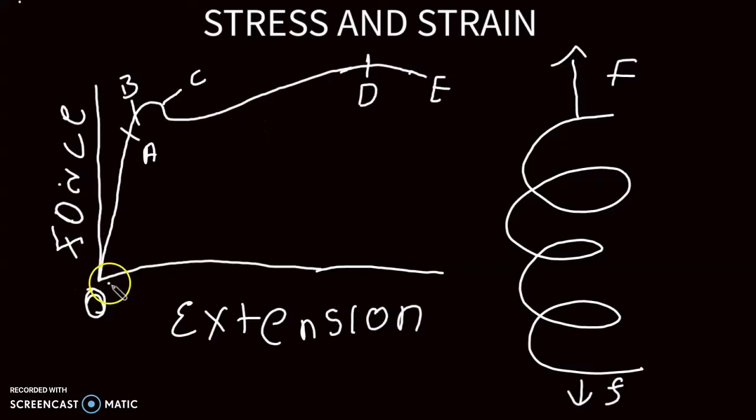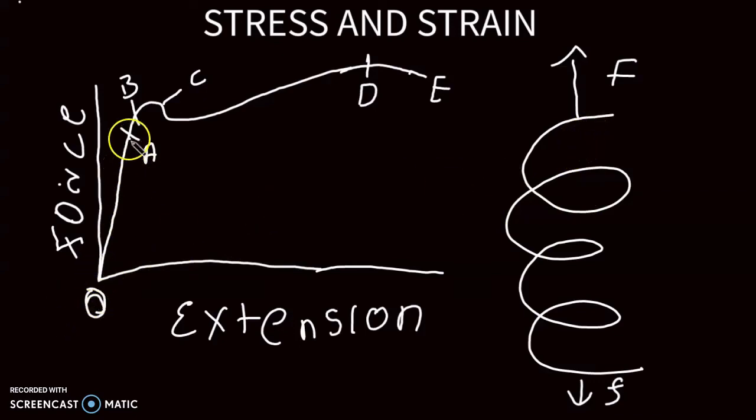So from 0 to A, there is a force that is applied to the spring. The force is increasing, and as a result, you can see that the extension is increasing, meaning the spring is increasing in length.